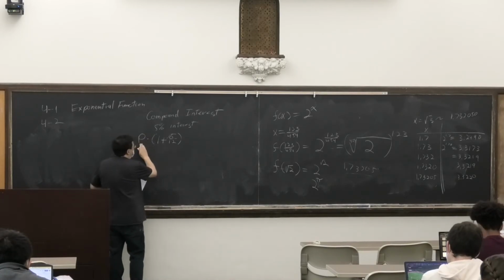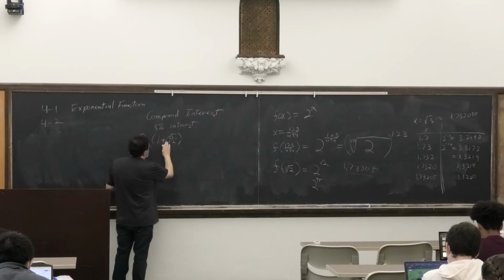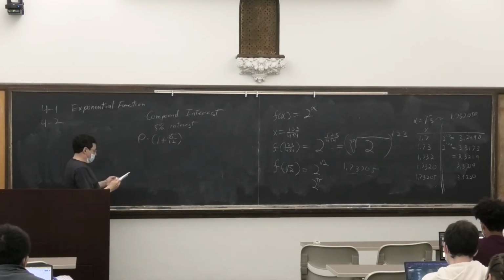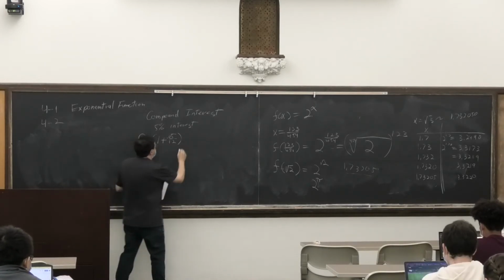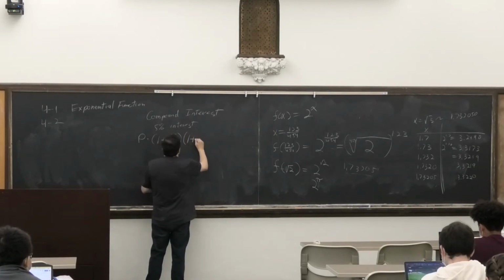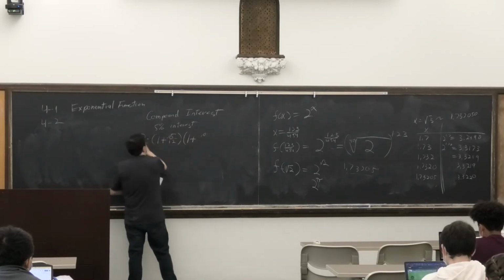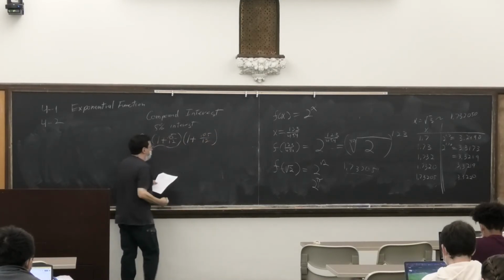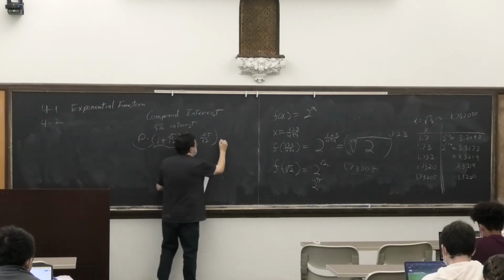So after a month, you've got P times 1 plus 0.05 over 12. Well, that's after the first month. After the second month, you multiply whatever you had times 1 plus 0.05 over 12, and so forth.